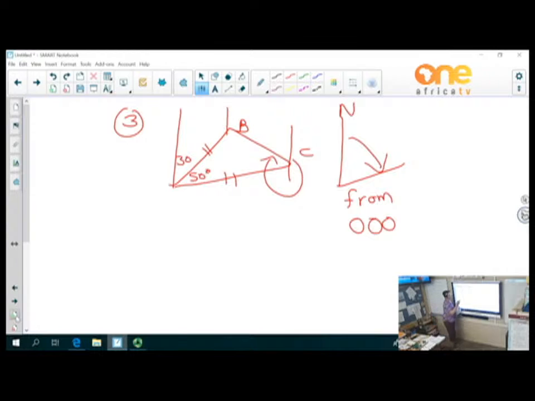Remember what I said, these lines are parallel. So if this angle is 80 degrees here, what will that one be there? No, the north lines are always parallel. Yeah, that's right. But we can just work now with A and C.